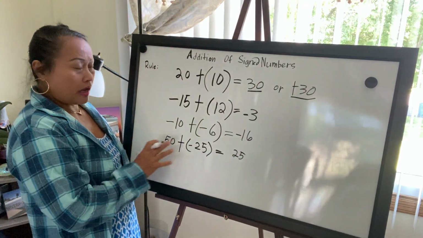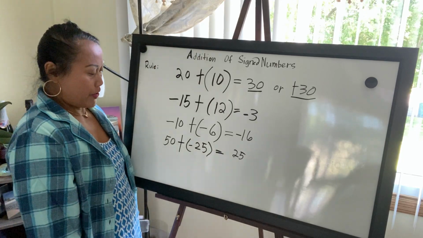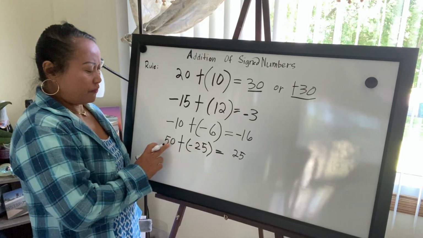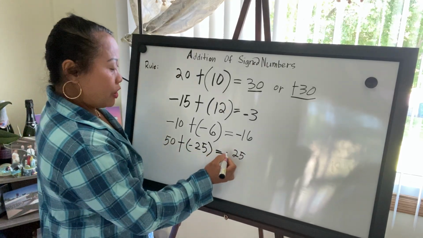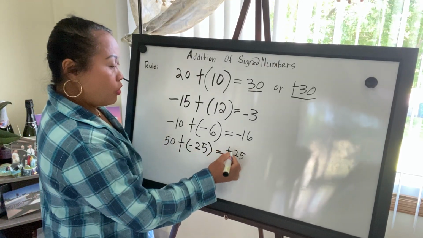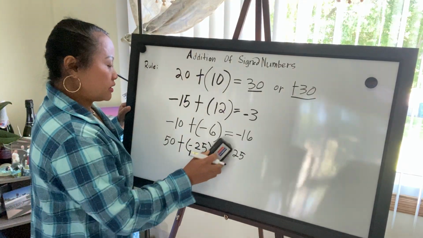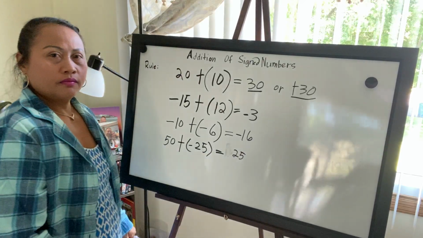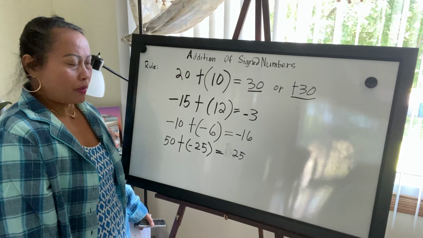Now you have to look at the sign of the greater number. Since 50 is the greater number, we write down the positive, or just write it without the sign, because a number without a sign is considered to be positive.